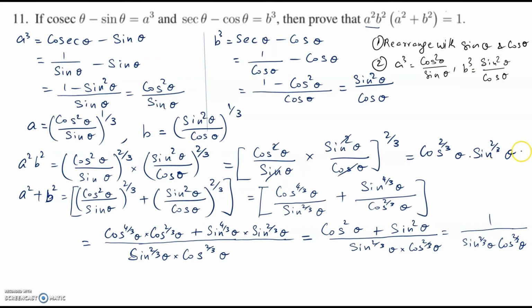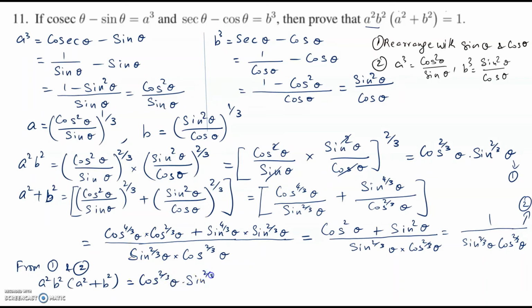So if we call this as our 1 and this as our 2, then from 1 and 2 we can say a squared b squared into a squared plus b squared is equal to, from 1, a squared b squared is equal to cos^(2/3) theta into sin^(2/3) theta, and a squared plus b squared from 2 is 1 divided by sin^(2/3) theta into cos^(2/3) theta.